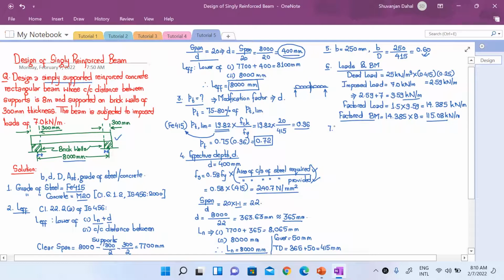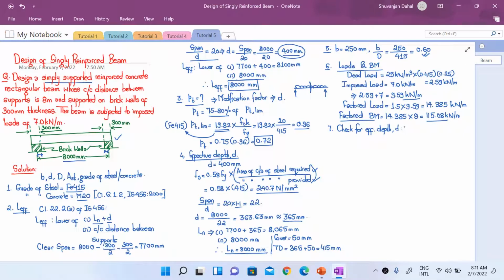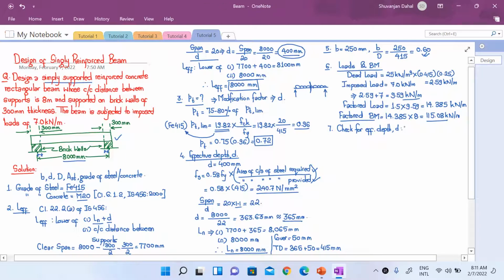Now in the 7th step we will check for the effective depth d. This is done because it is desirable that we design the beam as under reinforced so that ductility is ensured with steel stress reaching the design value.